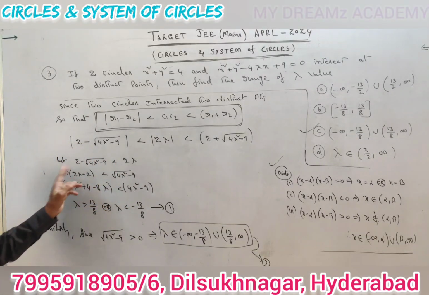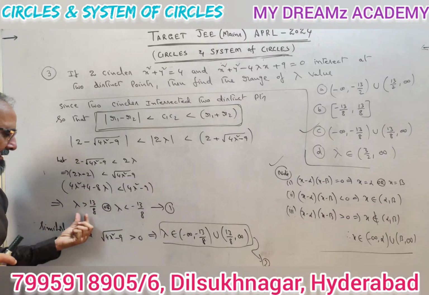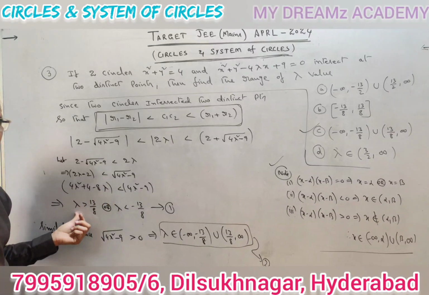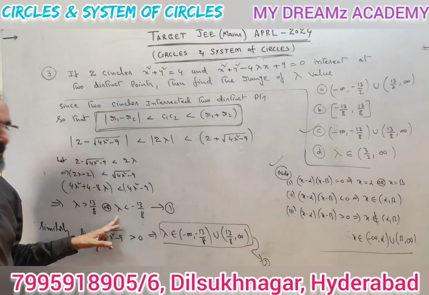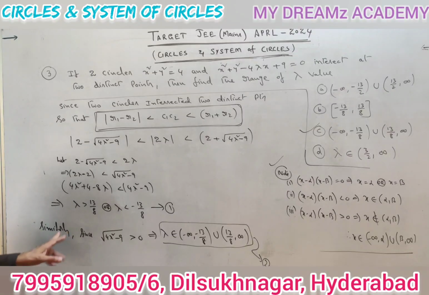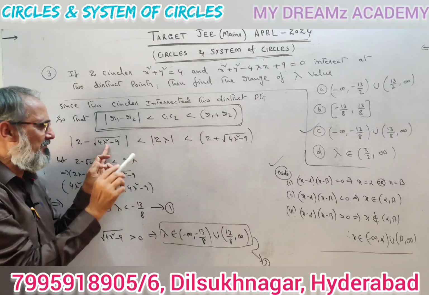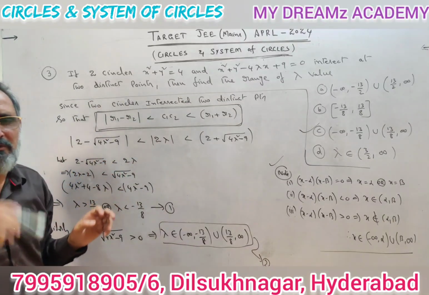Expanding by squaring on both sides, the inequality is not affected, then we directly get lambda greater than 13 by 8 or lambda less than minus 13 by 8. And for the second case, first of all the square root should never be negative.